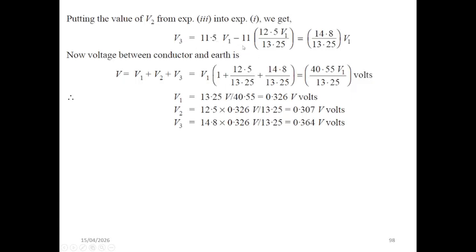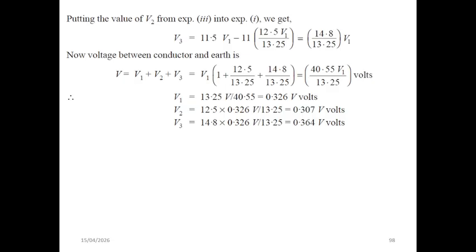We just substitute V2 in terms of V1 here, and finally V can be expressed by this equation based only on V1, and V2 is equal to this one. We can find V1, V2 and V3 respectively. This result clearly confirms the non-uniform voltage distribution, with the disk nearest to the conductor carrying the highest voltage.